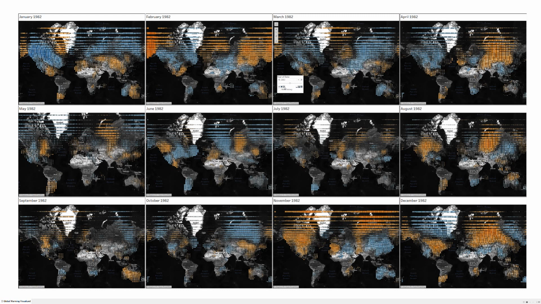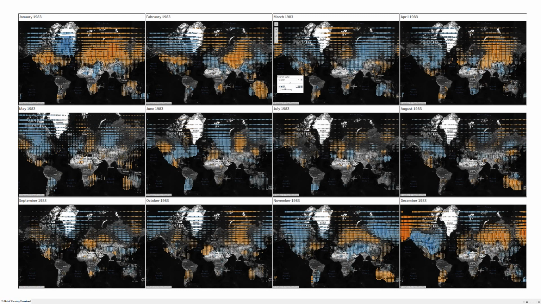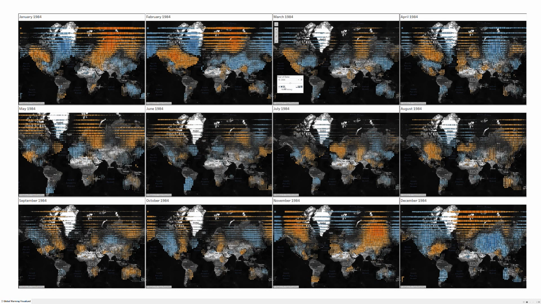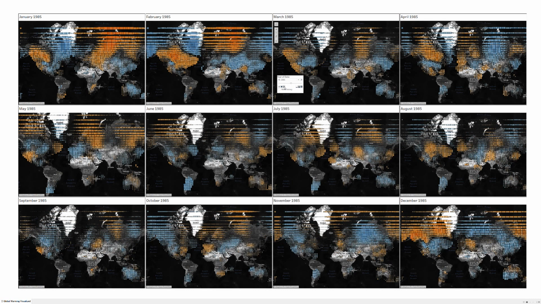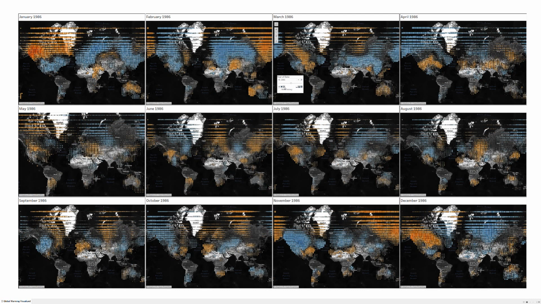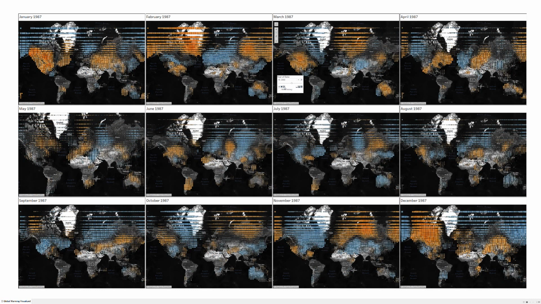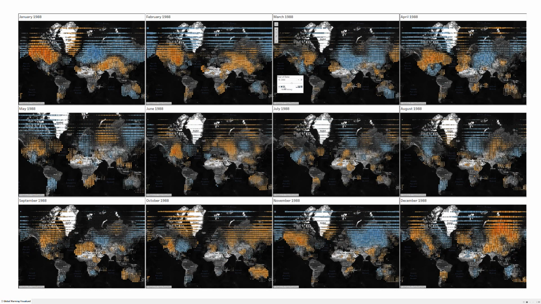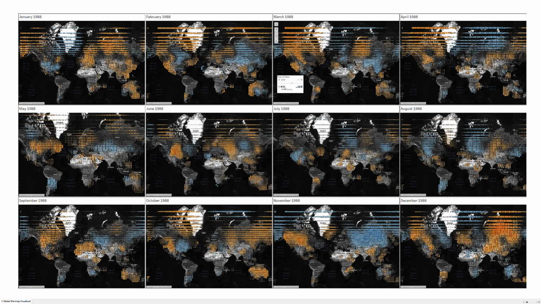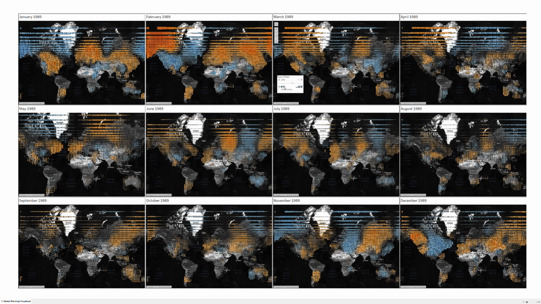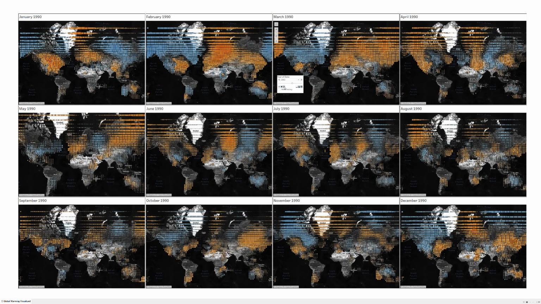As this continues through the 1980s now, you're still seeing blues and oranges in pretty good proportion. We're nearing the end of the baseline period, which is coming up in a couple of years. Okay, so this is 1990.